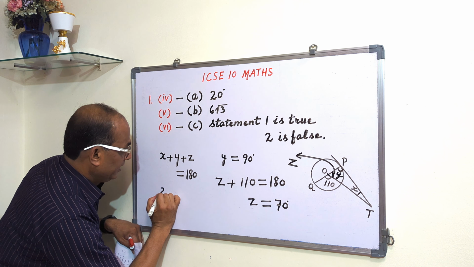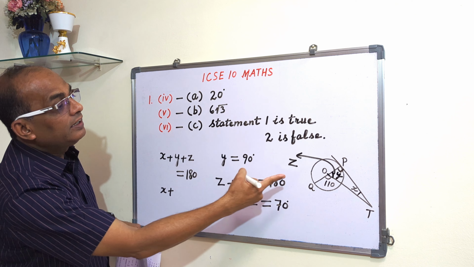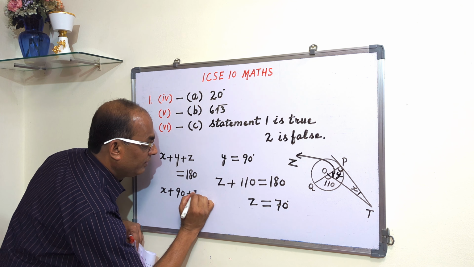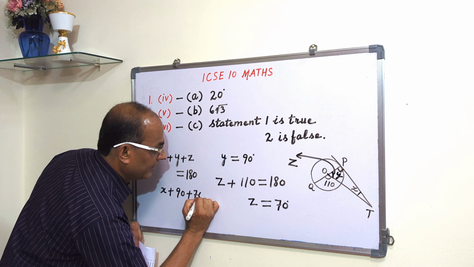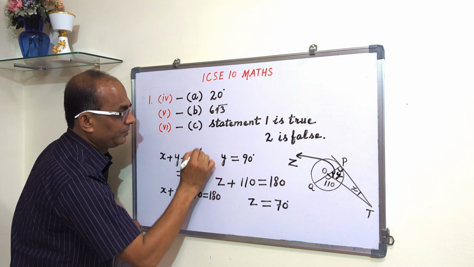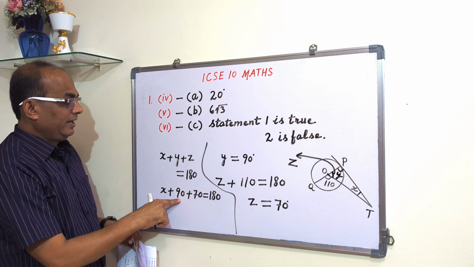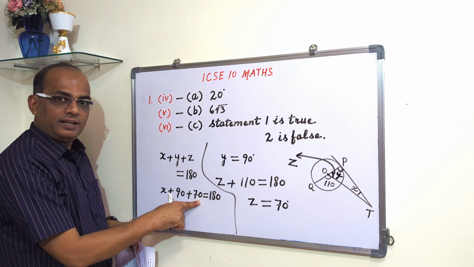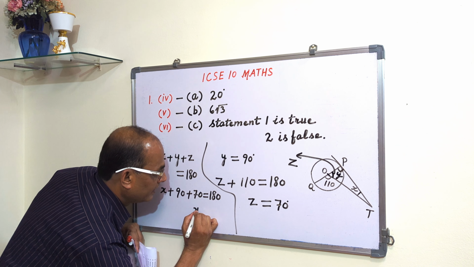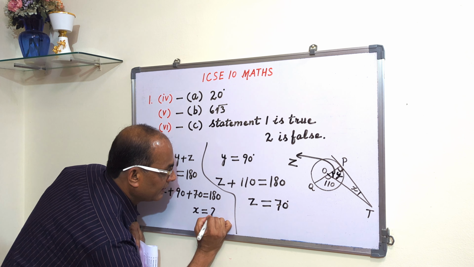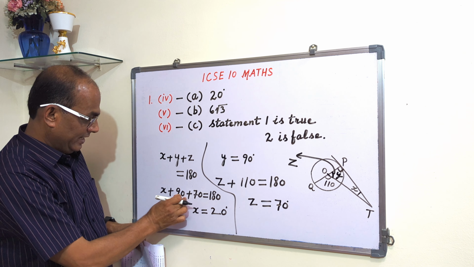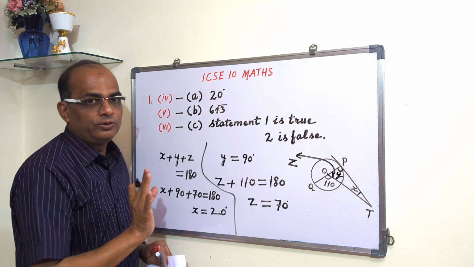X we have to find out, so we write down X, Y we have got 90 degree, and plus Z we have got 70 degree, and this is equal to 180. So 90 plus 70 is 160. So 180 minus 160 is 20. So X we are getting 20 degree. You show all these steps if you are doing a 3-mark question. All that, add and then transpose, everything you show. So X is equal to 20 degree we got.